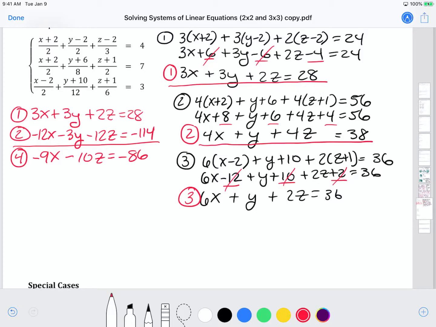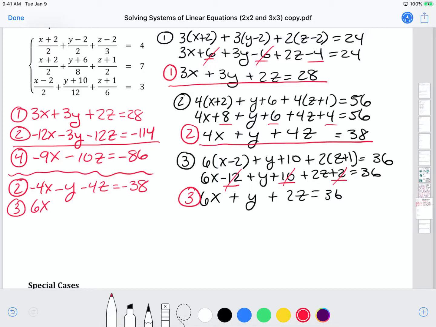Let's create my equation 5 now with equation 2 and 3. So I'm going to take equation 2 and multiply through by a negative 1. So I'm going to have a negative 4x minus y minus 4z is equal to negative 38. Then I'm going to copy down equation 3.